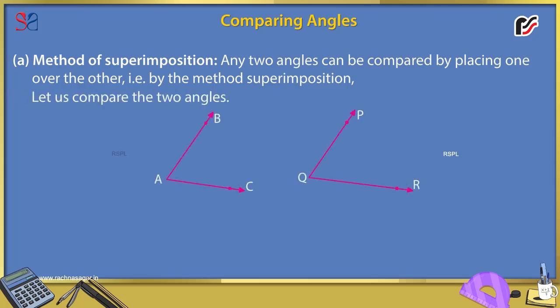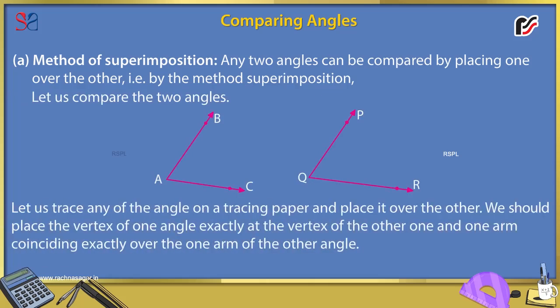Let us compare the two angles. Let us trace any of the angles on a tracing paper and place it over the other. We should place the vertex of one angle exactly at the vertex of the other one and one arm coinciding exactly over one arm of the other angle.